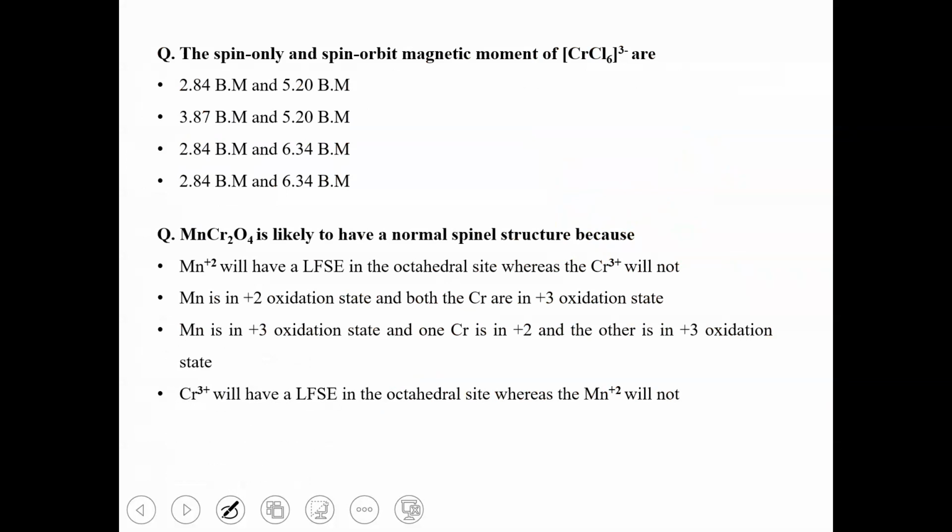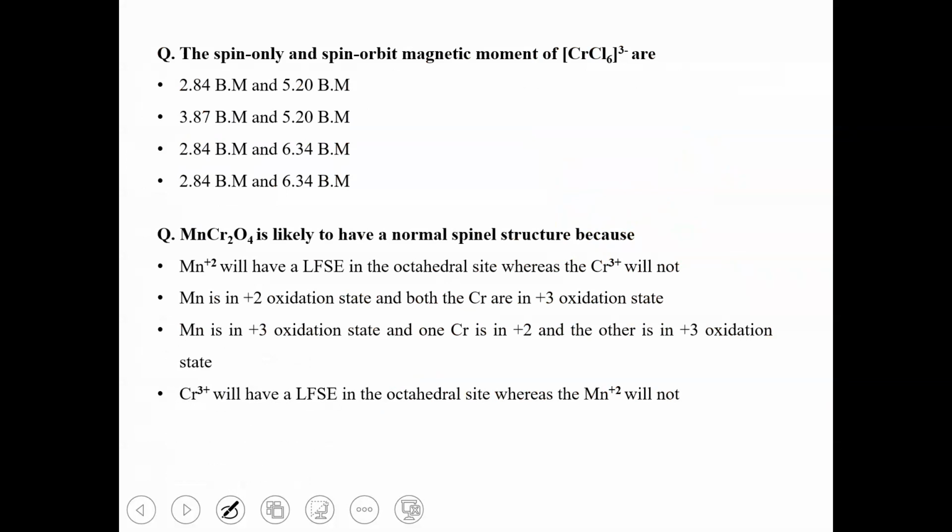It is likely to have a normal spinel structure, because you have to basically tell me the reason why, because the +3 cation will have more energy as compared to +2. Okay. So I have already given you the answer. Just tell me the right option for both of these.